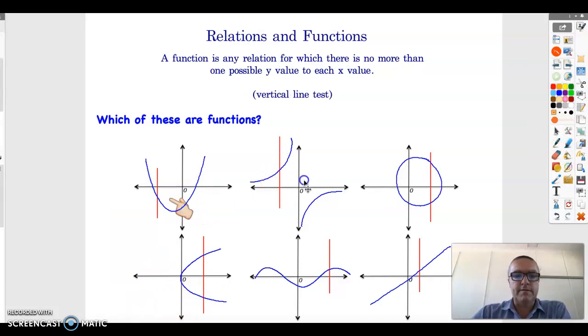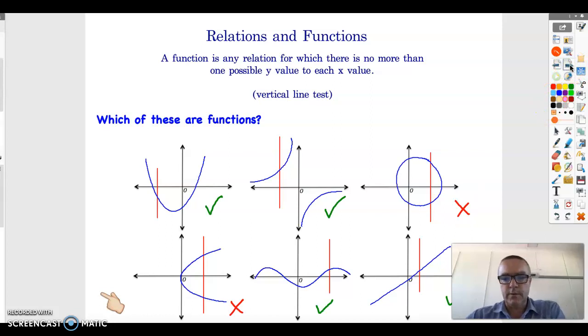For this type of graph, there are two graphs where a vertical line would intersect a graph twice. So we're looking at a couple of relations that cannot be defined as functions. Just to clarify, in that collection we've got 4 functions and 2 relations that are not functions.